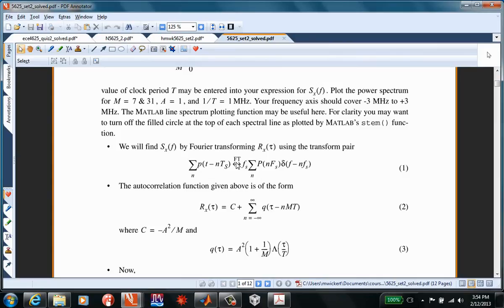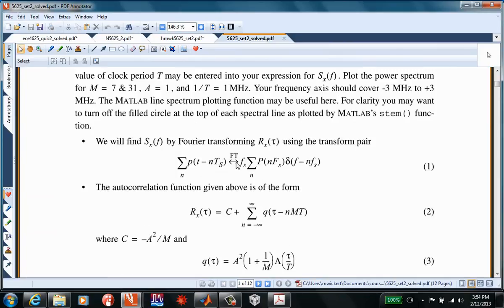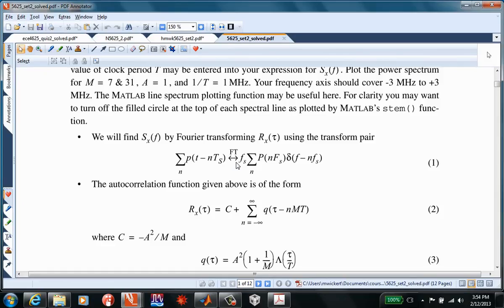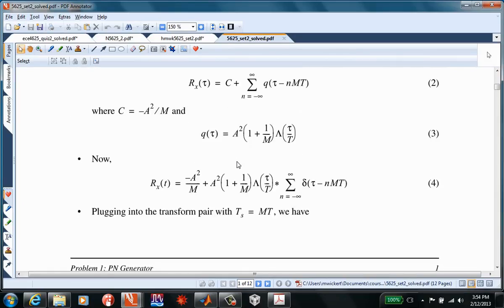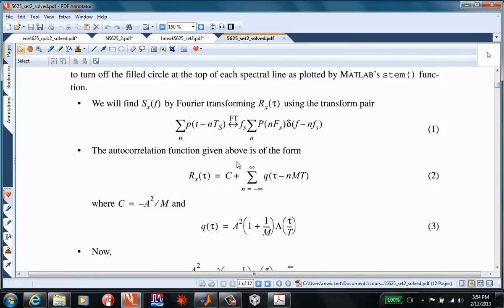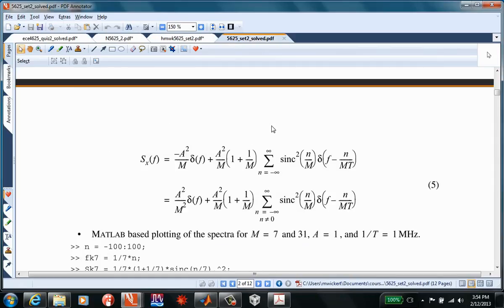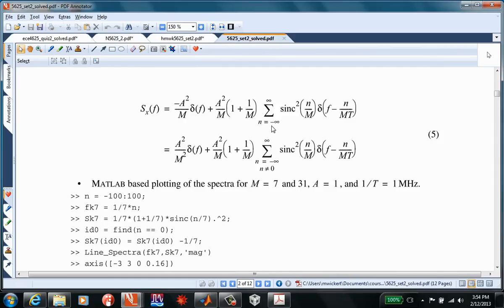We can use this Fourier transform theorem, which says that we just look at one period of the autocorrelation function and Fourier transform that, and we end up getting sinc squared, because when you Fourier transform a triangle, you get a sinc squared, right? And then you're sampling it because it's periodic, so you have this n f_s plugged inside of there. And when you put it all together, this is what the spectrum looks like.